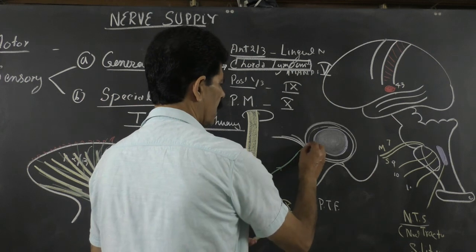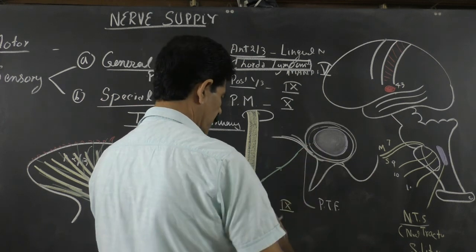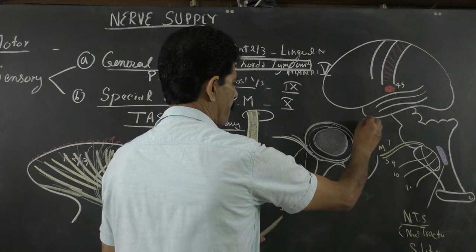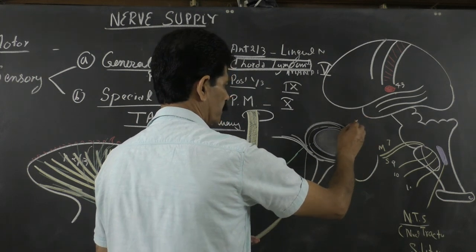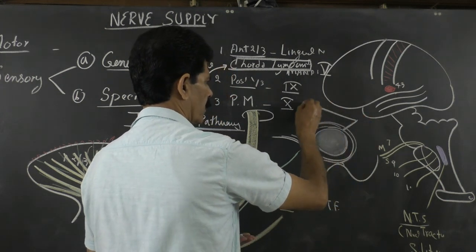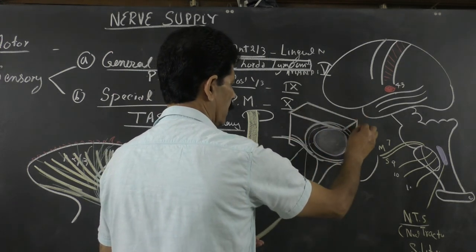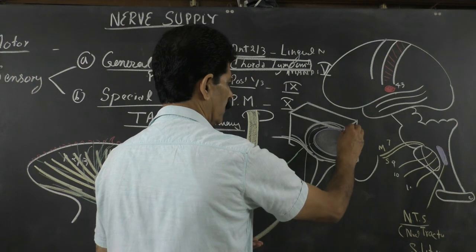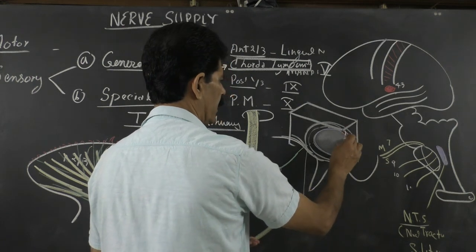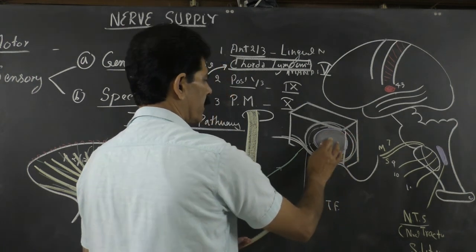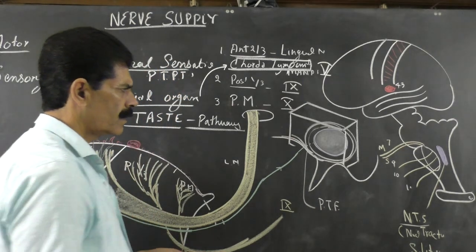Then these fibers enter into the middle ear cavity. In the lateral wall of the middle ear cavity, we know there lies the tympanic membrane.